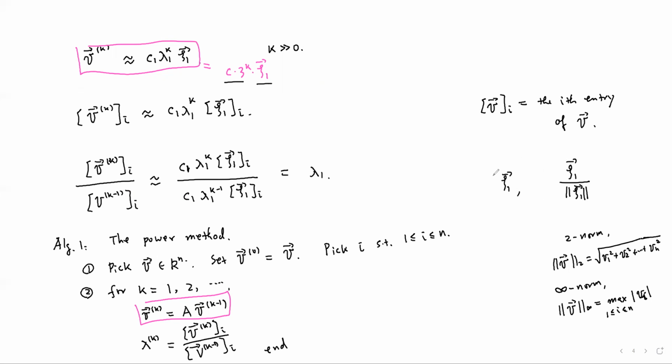Anyway, the idea is to make vk into a unit vector, divided by its norm. In this way, we can keep the entries of the vector vk not big, not small. This is the idea to improve the first version of the power method.